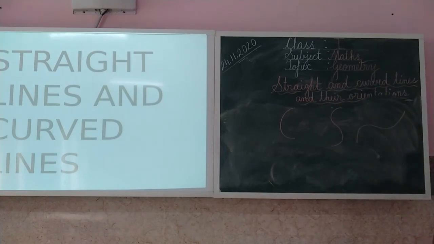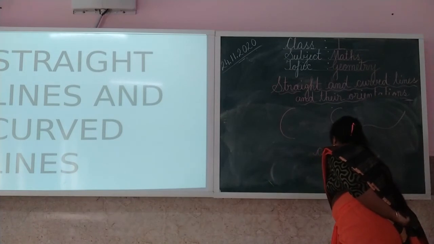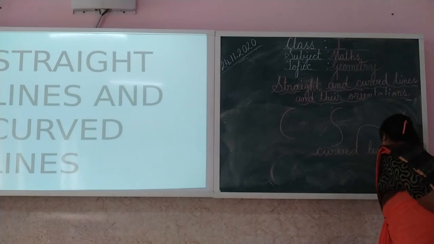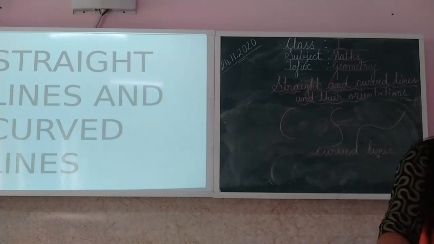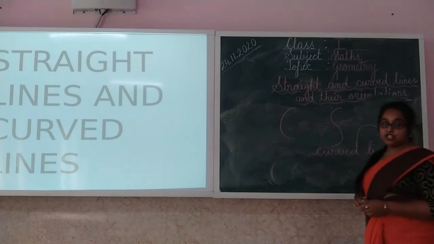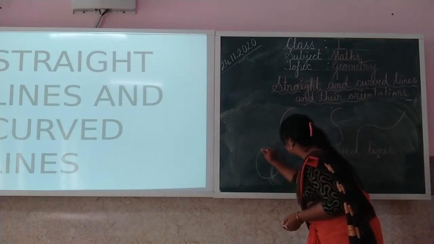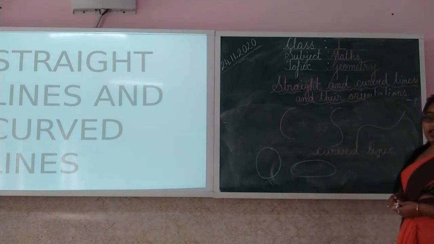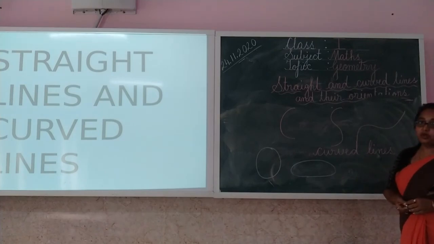So these types of lines are called curved lines. Okay? And using these curved lines, we can draw shapes, that is circle, oval. Right? These are shapes we can draw using these curved lines.